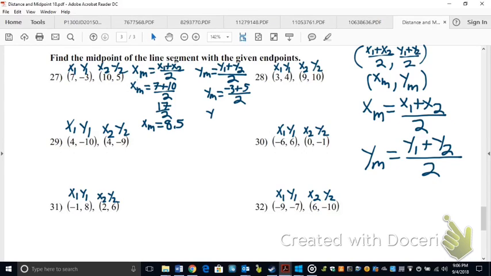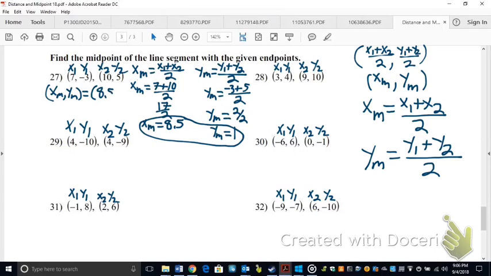That's our y1 plus y2 over 2. Or 2 over 2, or 1. Okay, so that's going to be our midpoint. So our midpoint between those two is 8.5, 1.